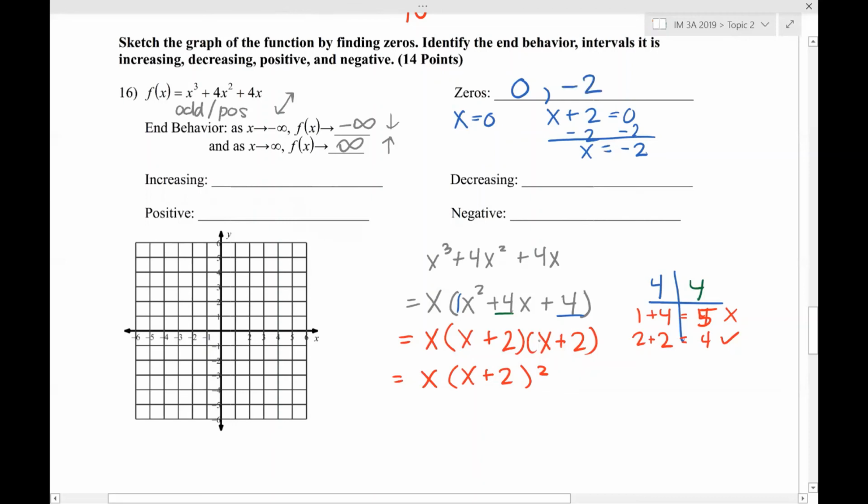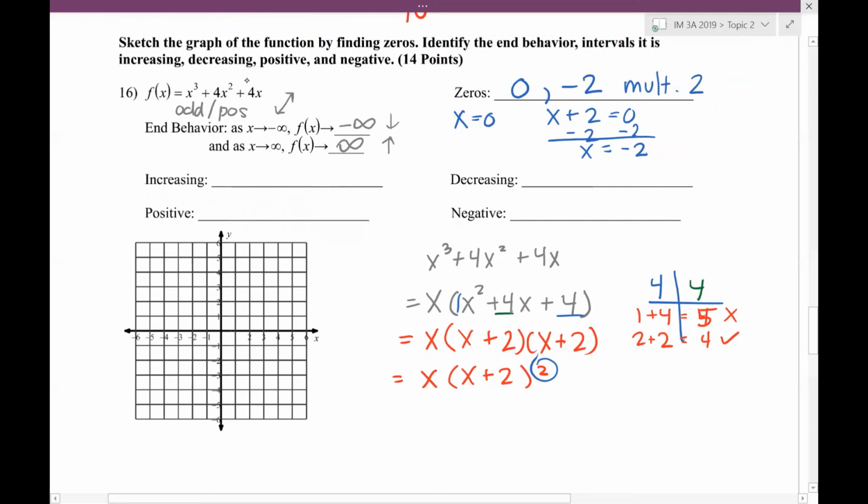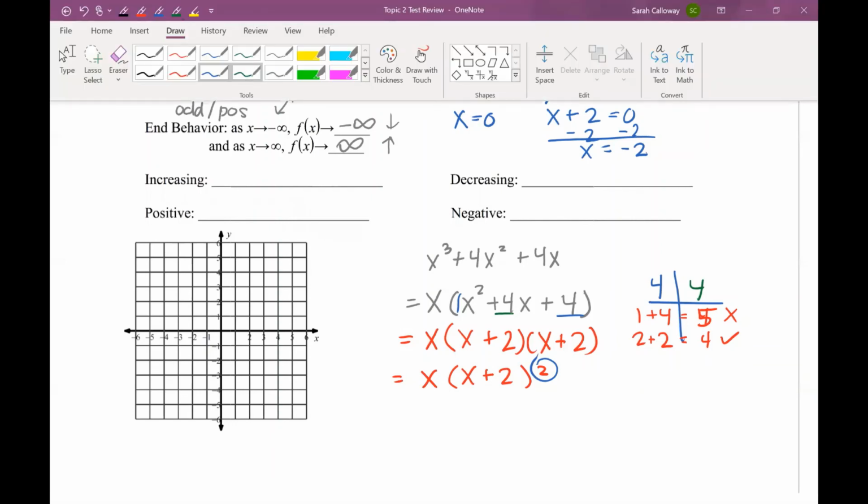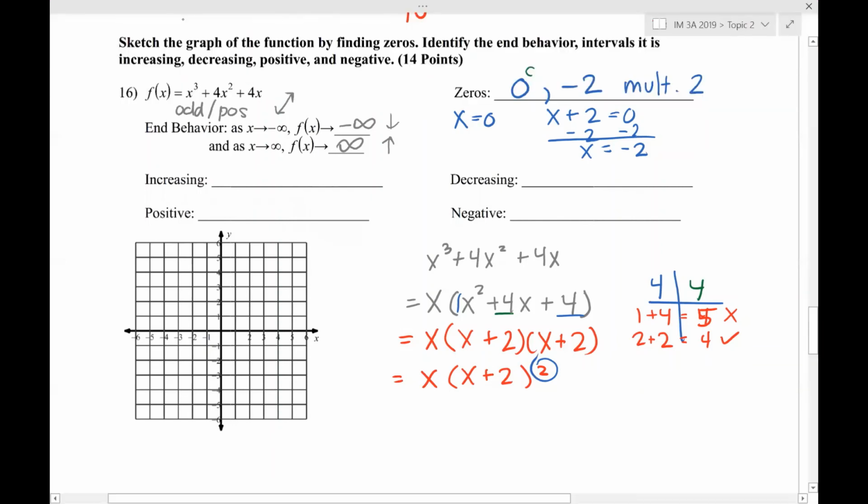Remember that because this was squared, we want to say that this has a multiplicity of 2. And so what that tells us about our graph is that it's going to cross at 0 and touch at negative 2.